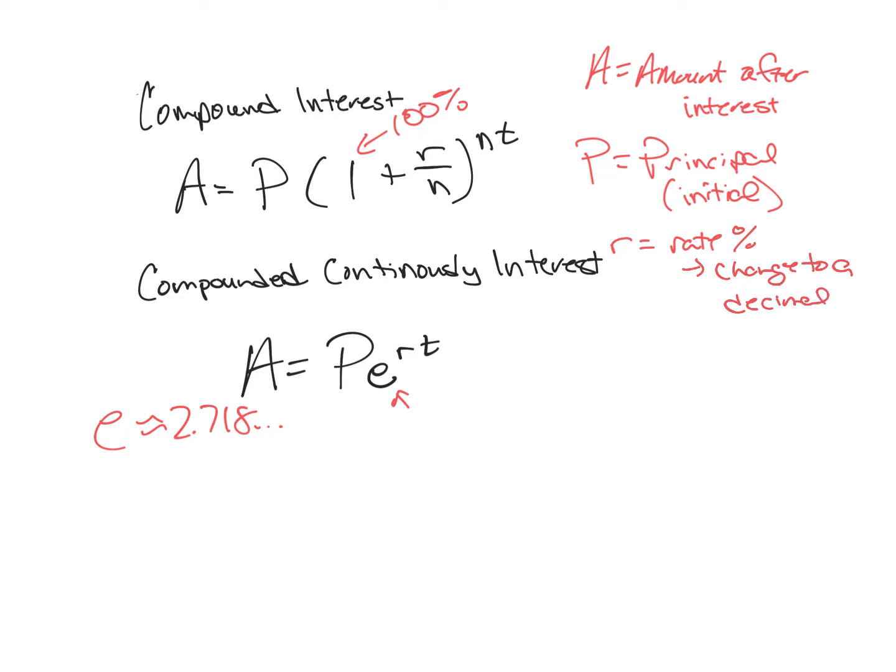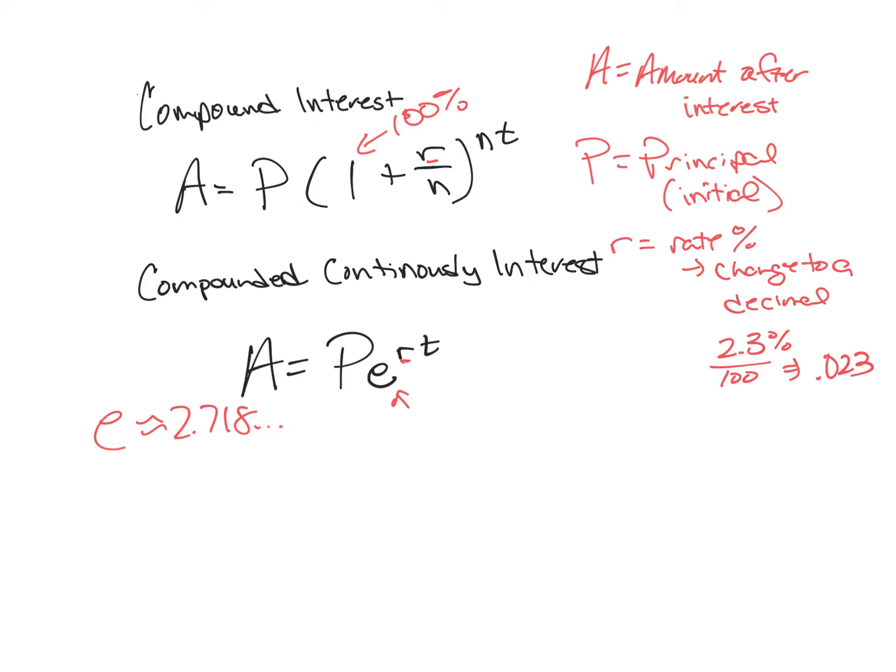So if it was 2.3%, you would put it over 100 and you would get 0.023. And that's what you would use in your R for both of these, okay?